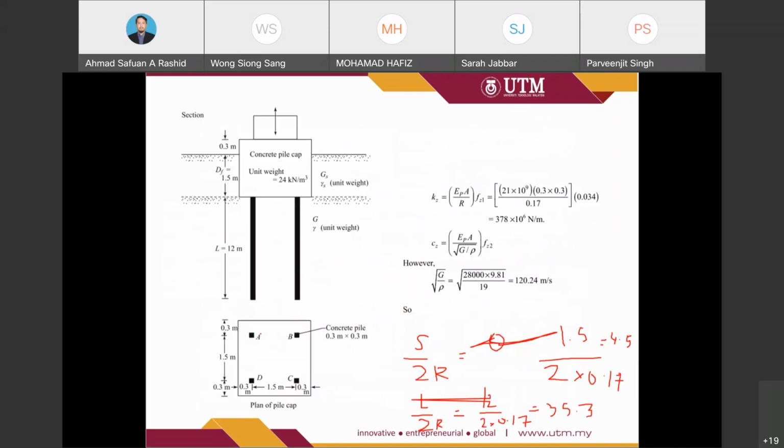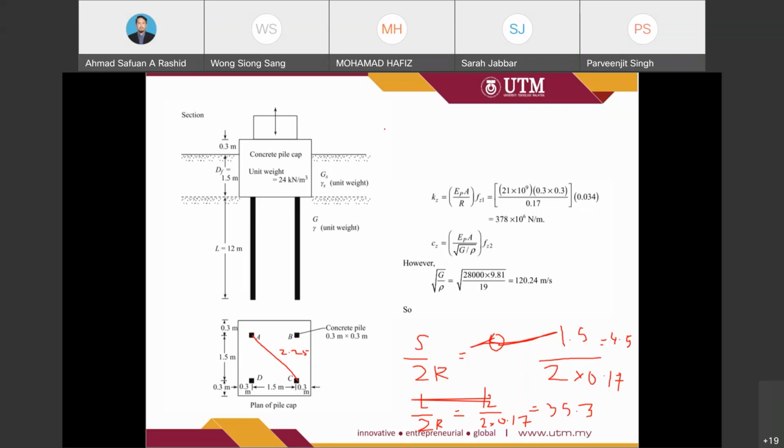Then A to C. What is A to C? We need to get the distance of A to C. So 1.5 squared plus 1.5 squared, then square root. The spacing is around 2.25. AD and AB will be the same, except for the AC, where the spacing is 2.25.